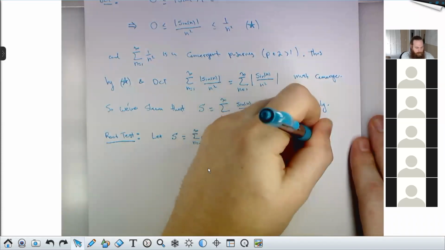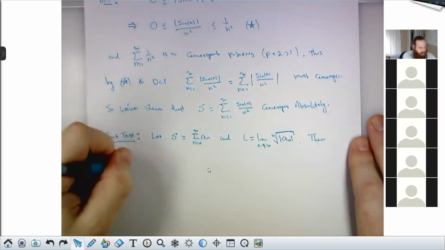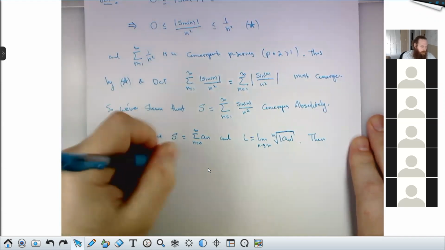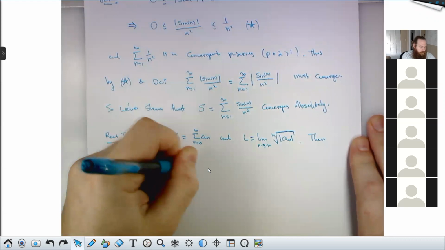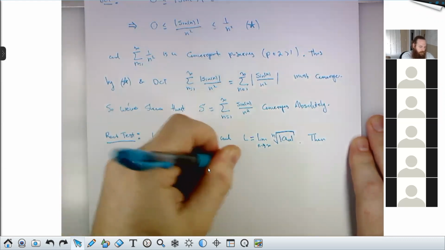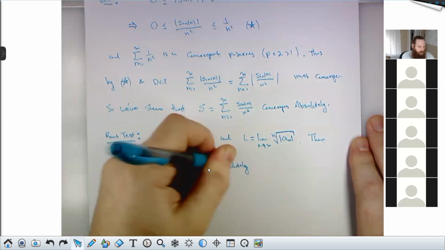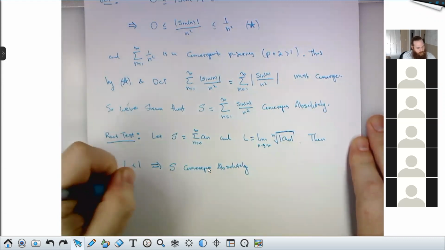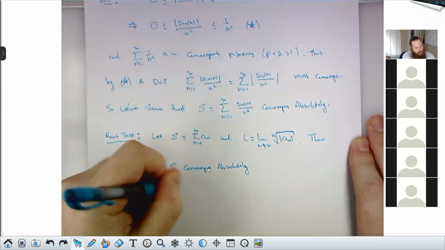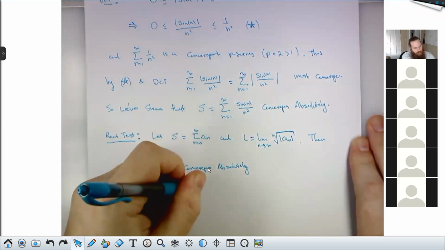Then, if L is less than 1, S converges absolutely. If L is bigger than 1, then the series S diverges.